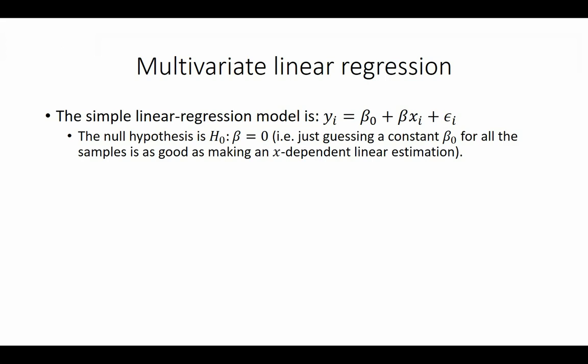And there are all kinds of different models. Sometimes people assume that those epsilons are normally distributed. Sometimes they don't. But anyway, you can also think about it as the residual, which we spoke about. So what's the actual difference between the prediction of the model and what you actually get? And like we saw, the null hypothesis under this simple model is that beta would be 0, meaning that guessing just a constant number, beta 0, for all samples is as good as making something that actually depends on x through this kind of linear estimation.